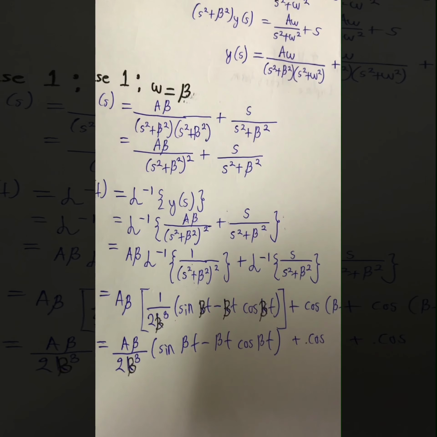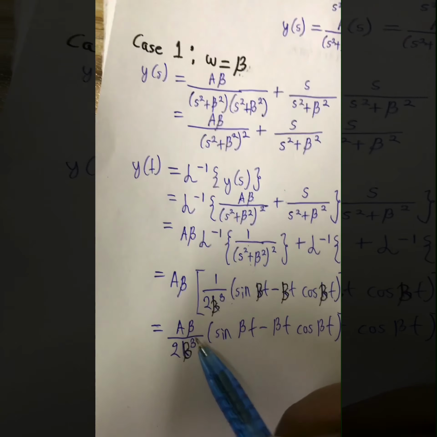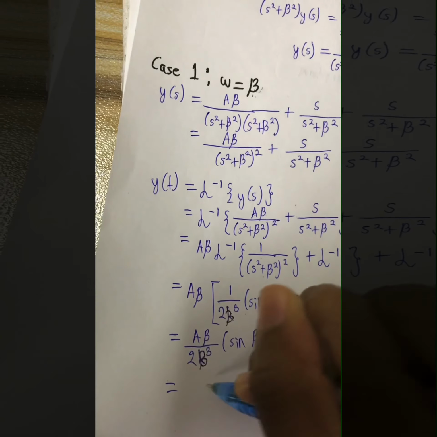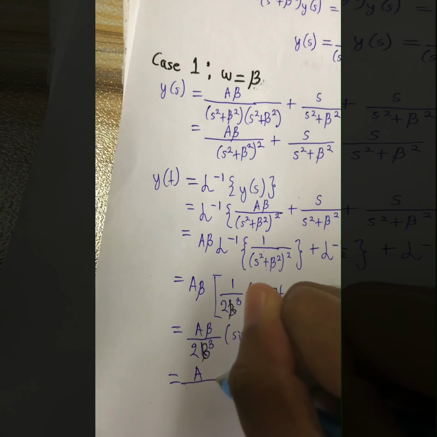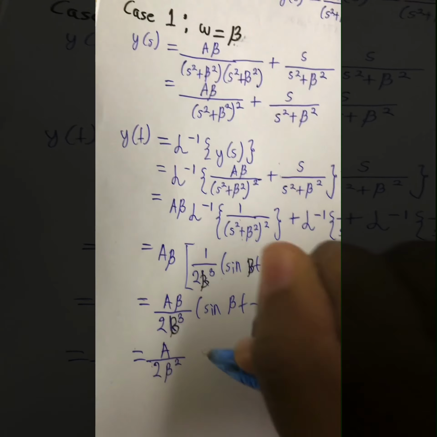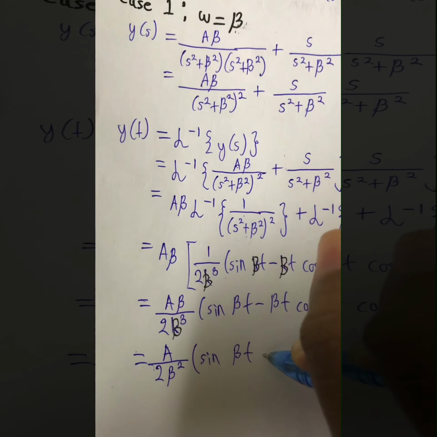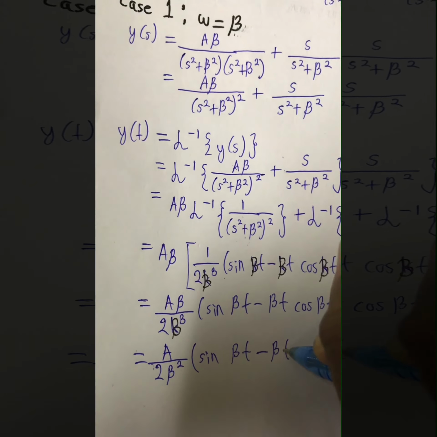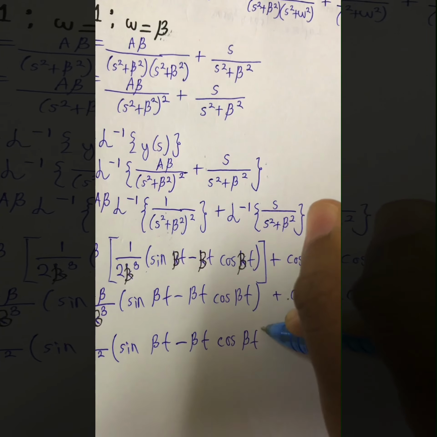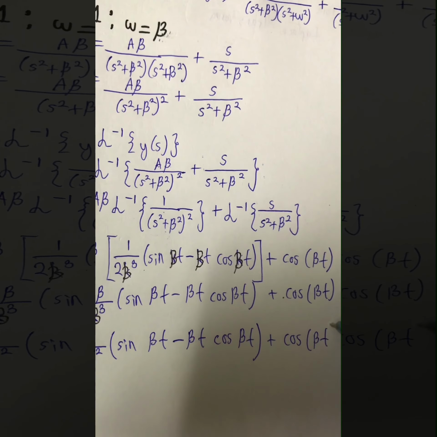Plus cos beta t, and then we can cancel the above beta with the below one, so we get alpha over 2 beta square times sin beta t minus beta t cos beta t plus cos beta t.